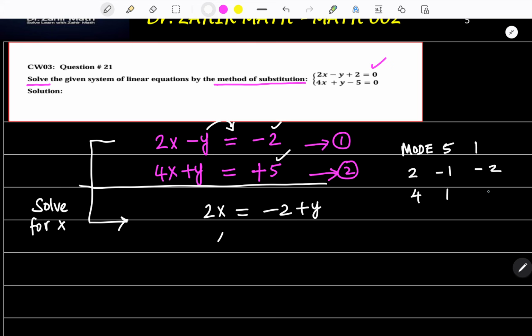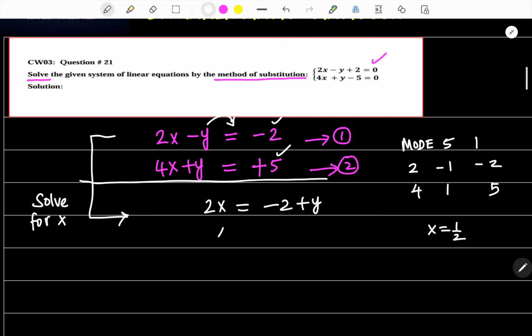So 4, 1 and 5. What is my answer? x is equal to 1 over 2, and y is equal to 3. So this answer you have to get in the calculator. Keep it in your mind.